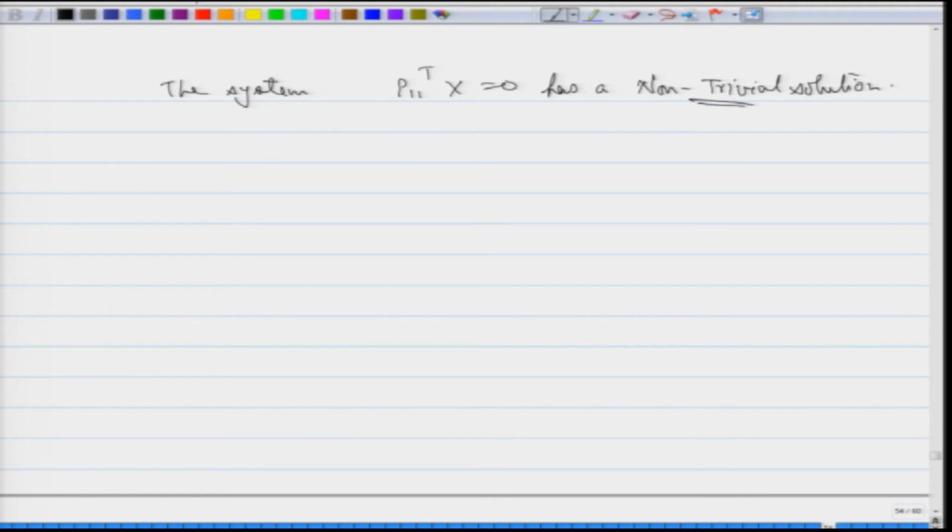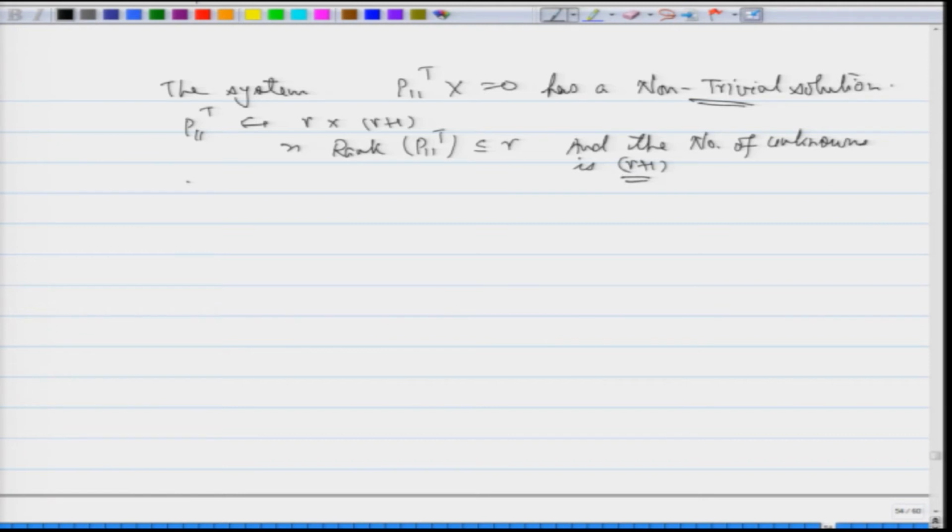Basically because P11 transpose is of size R cross R plus 1, which implies the rank of P11 transpose is less than or equal to R, and the number of unknowns is R plus 1. So, therefore, at least one free variable implies a non-trivial solution.